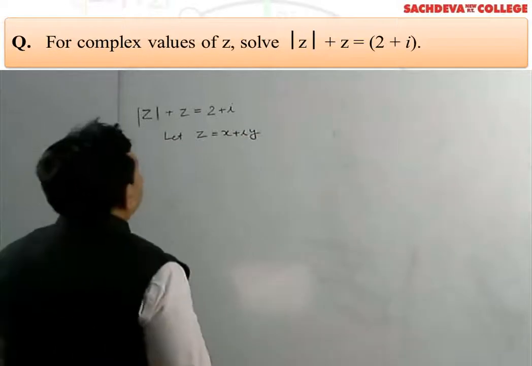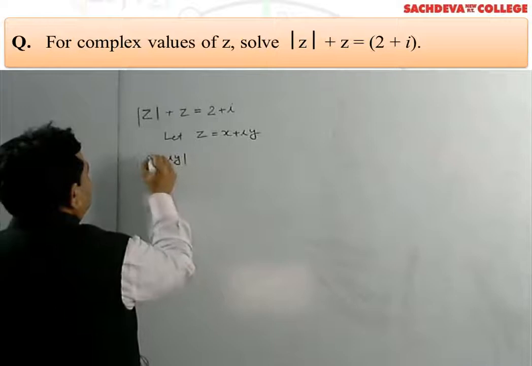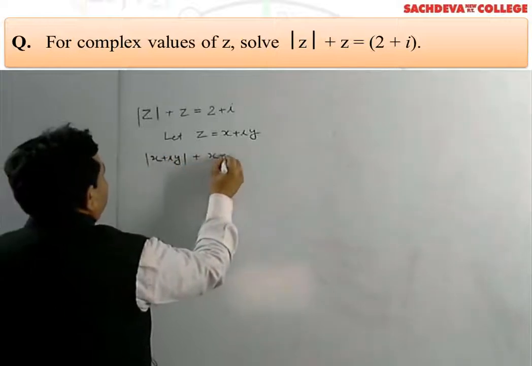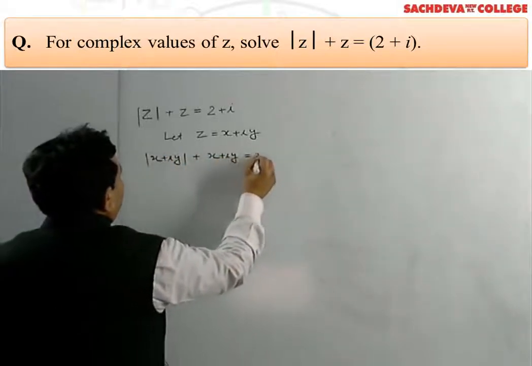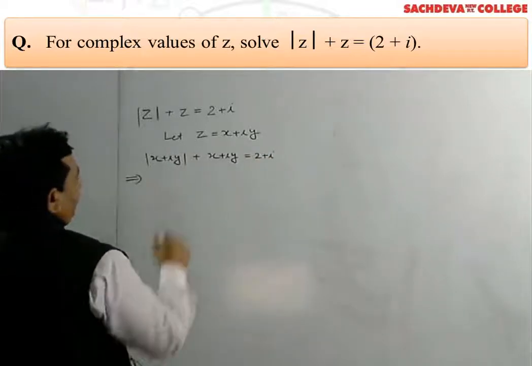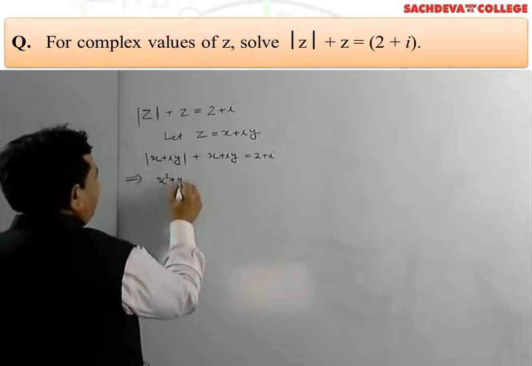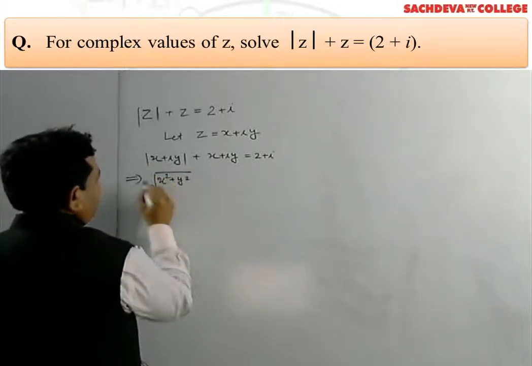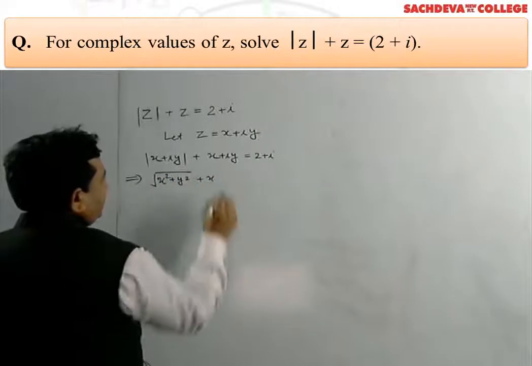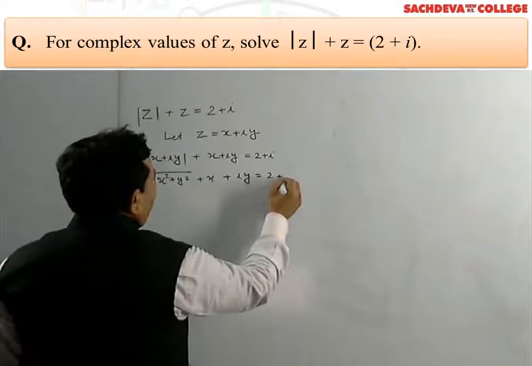Now on putting the value of z here, we find |x + iy| + x + iy = 2 + i, and |x + iy| will be equal to √(x² + y²). So √(x² + y²) + x + iy = 2 + i.